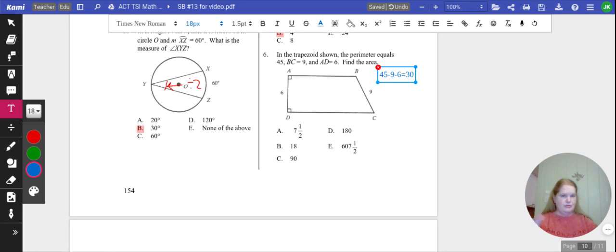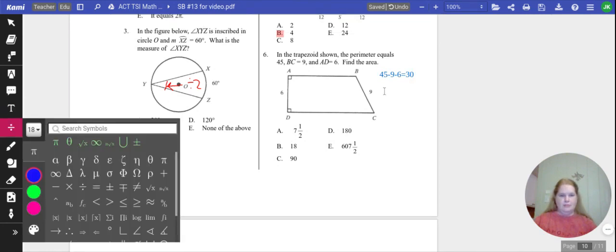Now, it wants the area of a trapezoid. Area of my trapezoid is the height over 2, and then it's my two bases, base 1 plus base 2. We had that formula earlier.